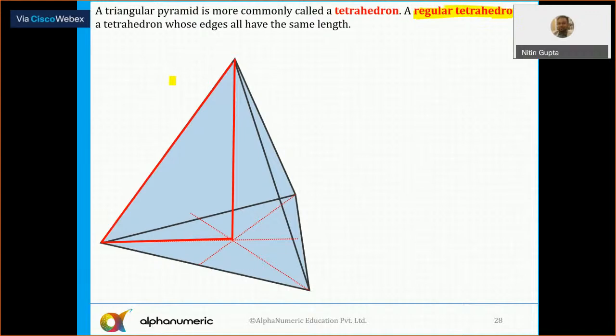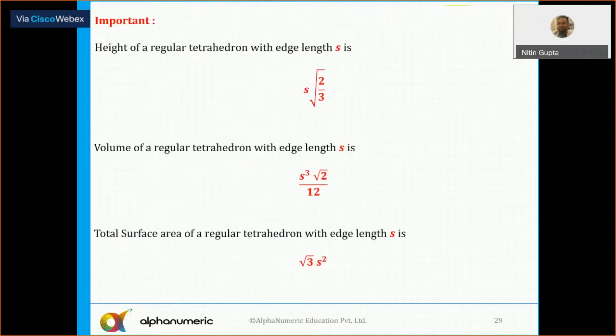And a few important formulas related to the regular tetrahedron. Height of a regular tetrahedron is always equal to S into root 2 by 3. Volume of a regular tetrahedron is always equal to S cube into root 2 by 12. And the surface area is root 3 S square.